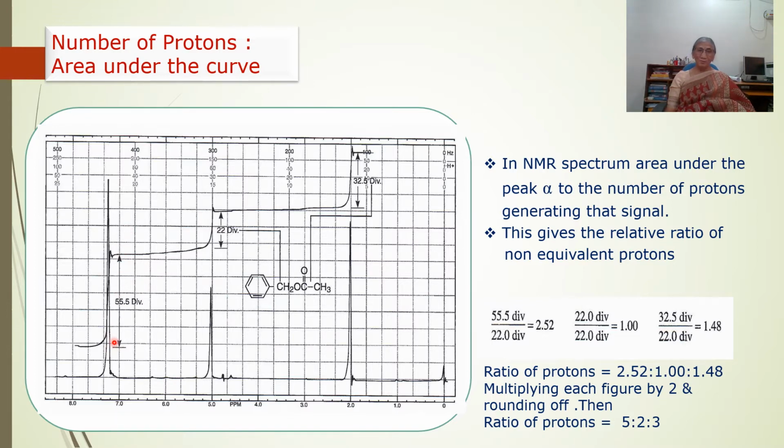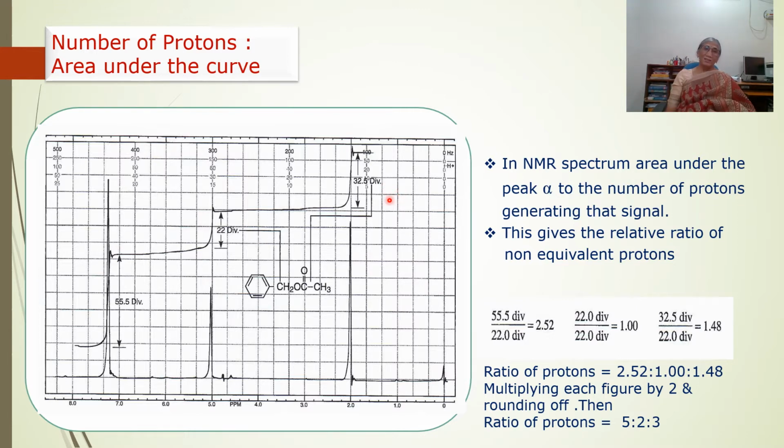On the chart paper we can see that the integral at the signal 7.2 corresponds to 55.5 divisions, the integral at the signal at 5.0 delta corresponds to 22.0 divisions, and the third integral at the signal at delta 2.0 corresponds to 32.5 divisions.